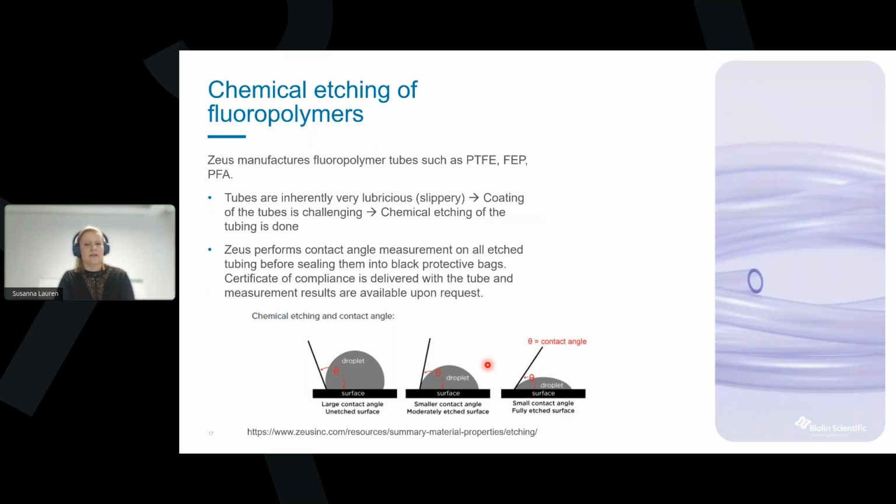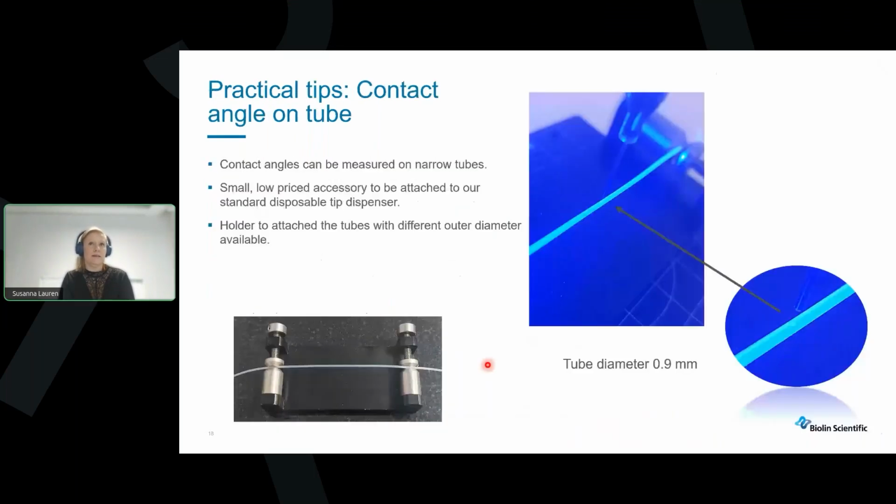And this is just showing how contact angle measurements can be done on a very, very small and narrow sample. So this is a tube with a tube diameter of 0.9 millimeters. This is a plastic tube.